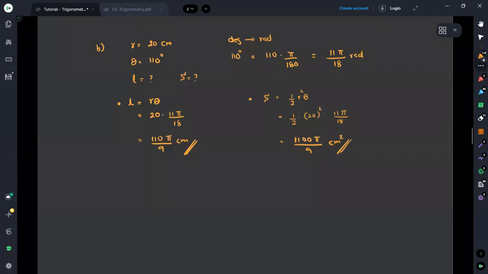Therefore, this is the area of the sector for r equals 20 and theta equals 110 degrees.